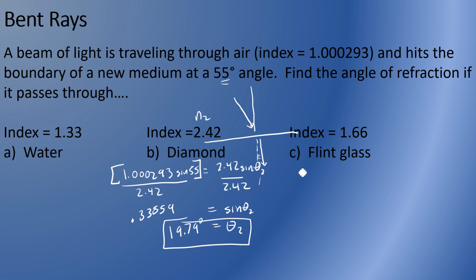Okay, last one. So same setup, basically: 1.000293 sine 55. It's not always a 55 though; it depends on our incident angle. It's going to equal 1.66 sine of our angle of refraction. We divide both sides by 1.66.